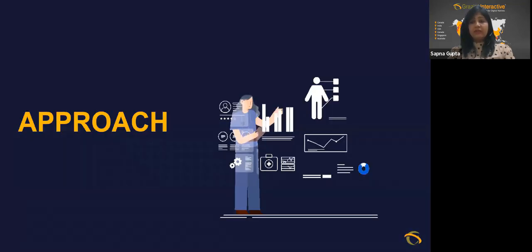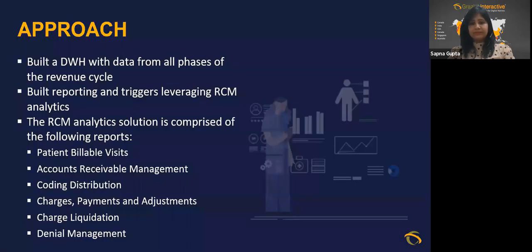So now that we have looked at the challenges in implementing effective revenue cycle management, let's take a look at the approach we followed to help our healthcare customers manage revenue cycles with smart analytics. The very first step, we pulled the patient, appointments, encounters, charges, payments, and claims data from electronic health records and built a data warehouse.